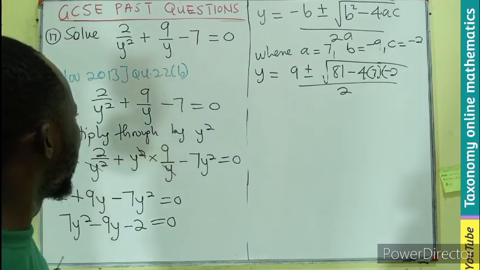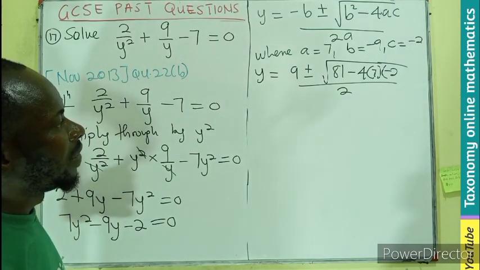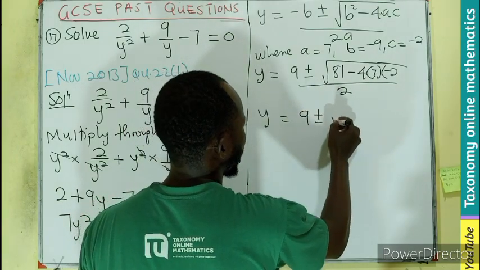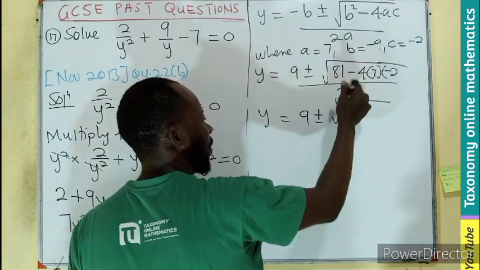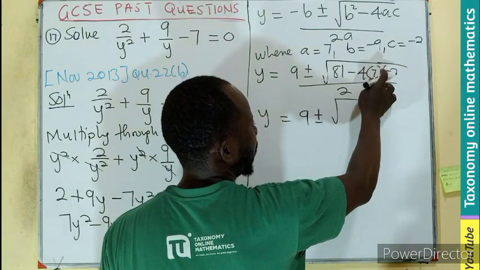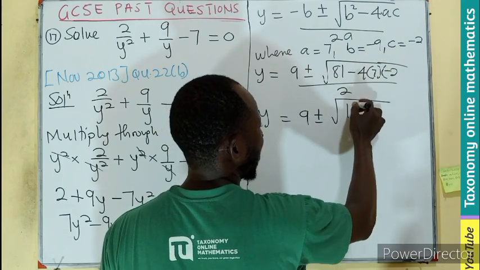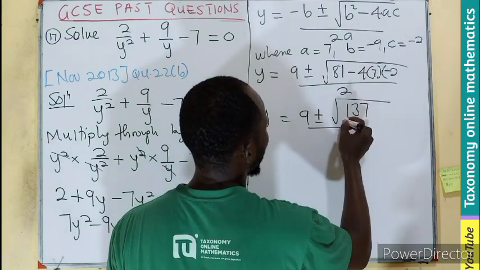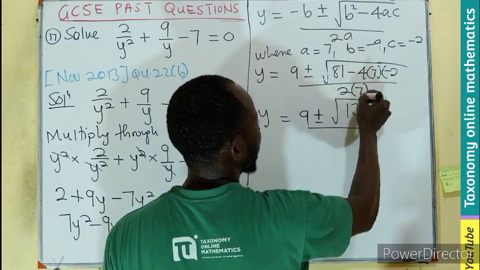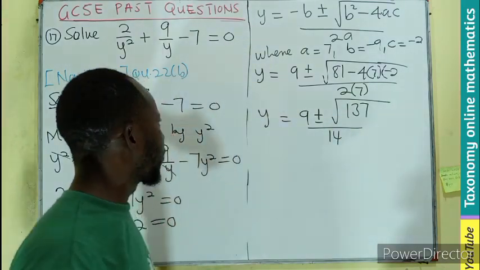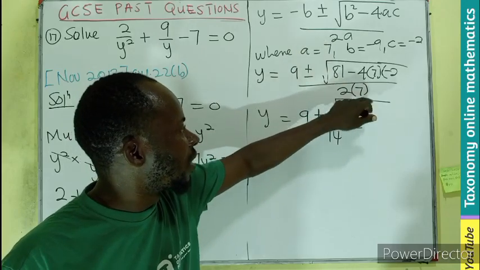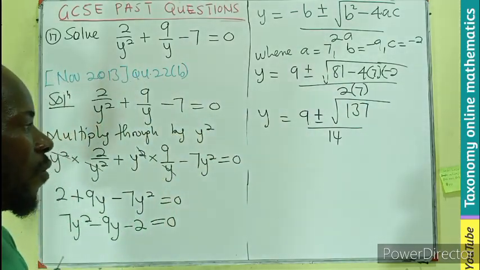2a. All right. What do we do from here? We can see that y equals 9 plus or minus the root of 81 plus 56, which will give 137, divided by what? In this case it is 2a, and a is 7, so 2 multiplied by 7 gives us 14.